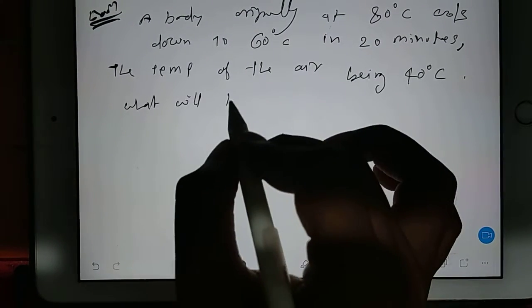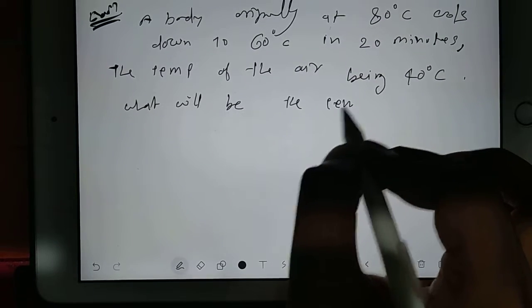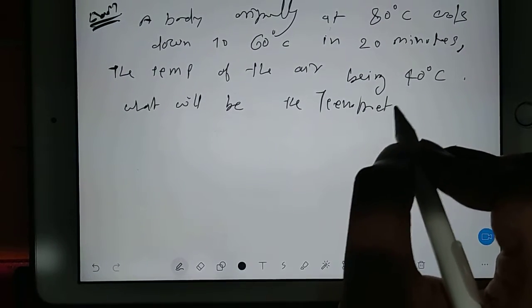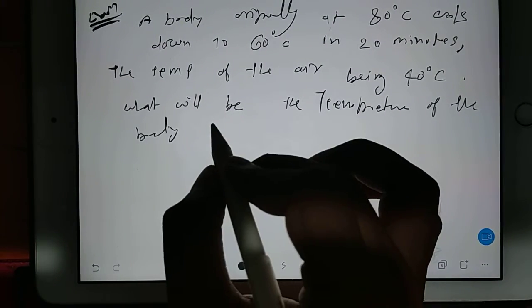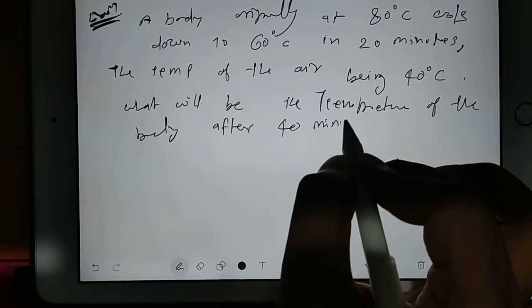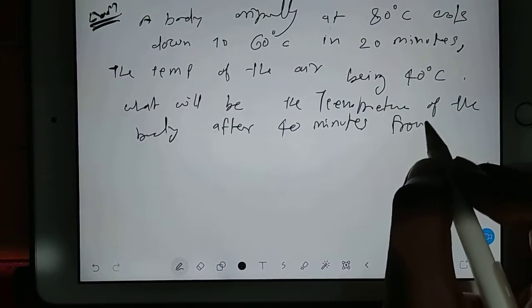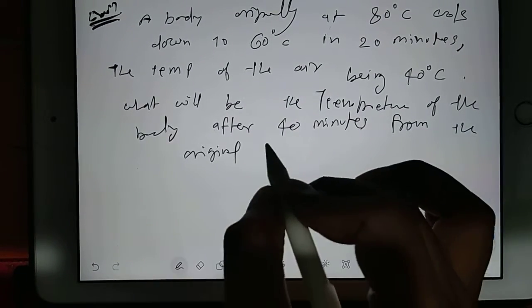What will be the temperature of the body after 40 minutes from the original?